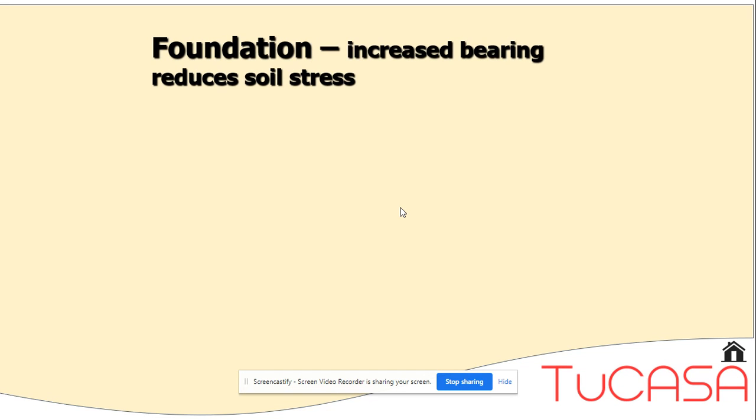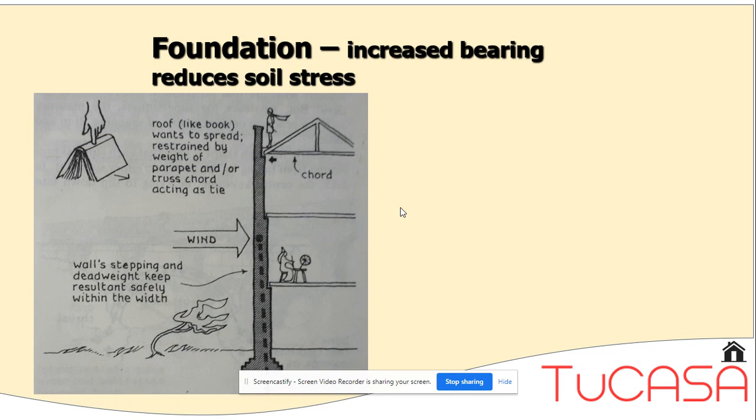So, at foundation level, look at this illustration here, and the loads that are being imposed on this external wall. This is a section through a building. Think of it as a solid brick wall, and we've got the wind loading on it, and we've got the various loads of the floor and the roof structure and people living in there.